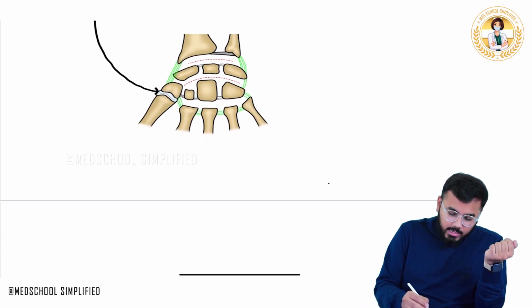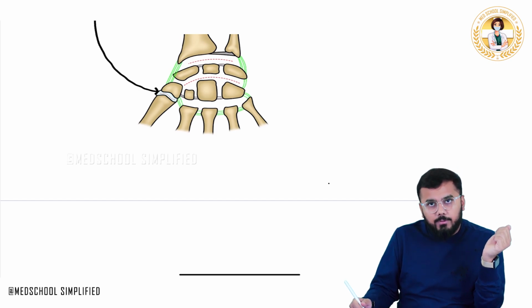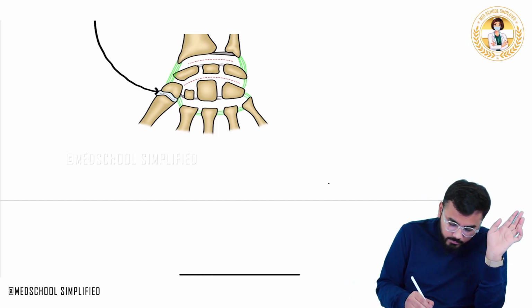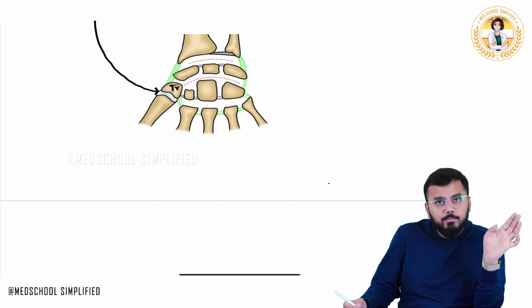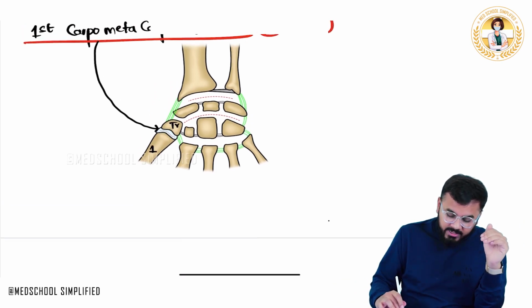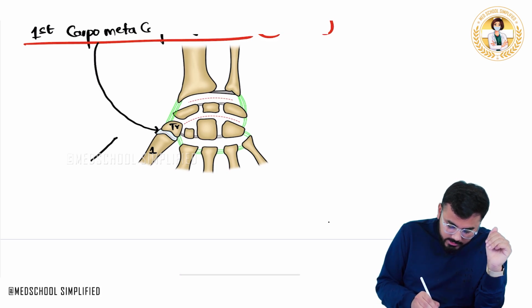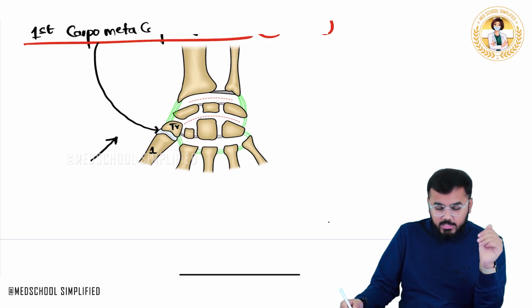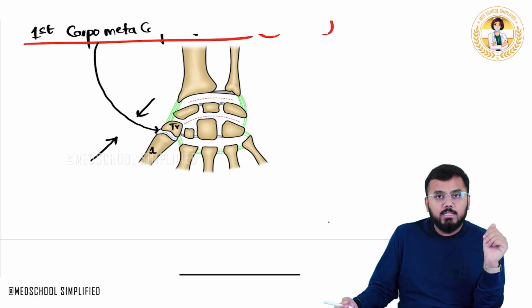So this carpometacarpal joint is formed between, first look here, this is called as trapezium and this is called as the first metacarpal. Look here, this direction is called as what? Proximal. This direction is called as distal.